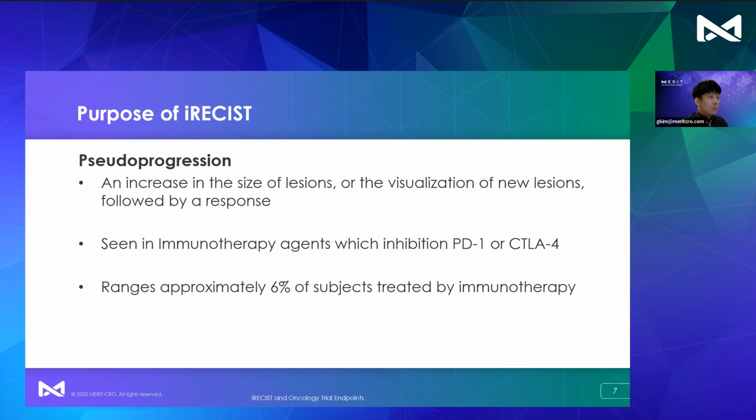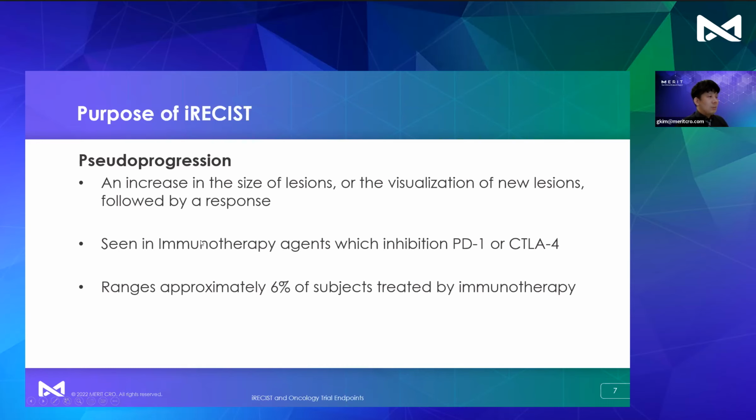This denotes that it was not a true progression, but it eventually resolves all the symptoms and the lesions. It ranges approximately 6% and does not go over 10% in most of the studies in subjects treated with immunotherapy.